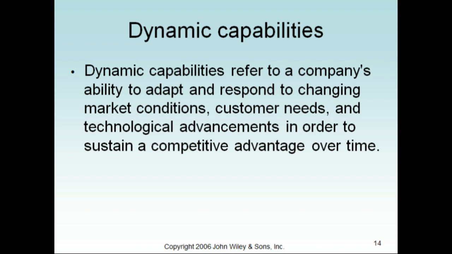Dynamic capabilities means that the company can change and adapt quickly to keep up with the competition and changing market conditions. In a hyper competitive market where competition is intense and always changing, it's even more important for a company to be able to do this.